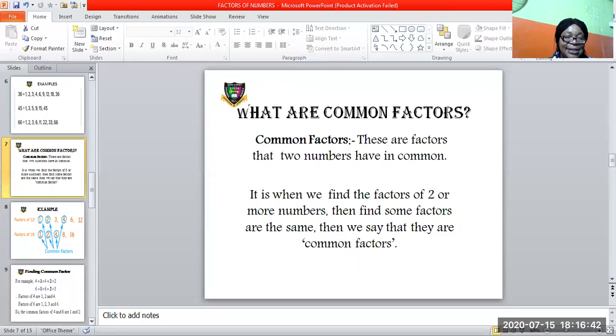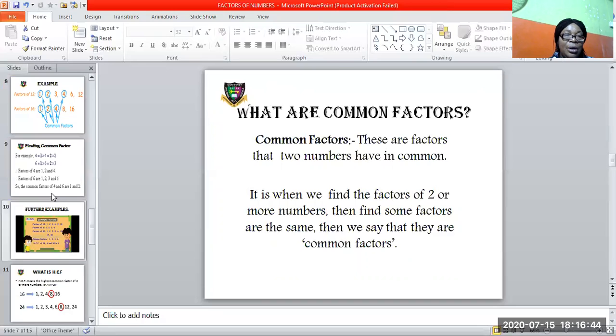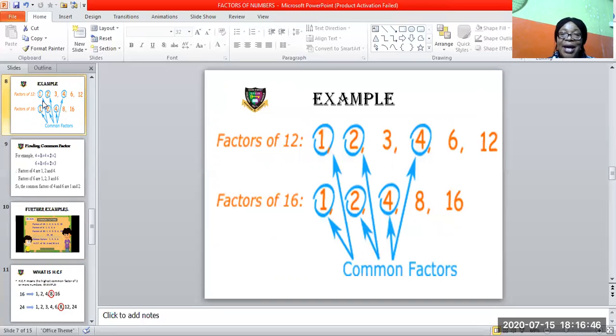Now let's look at an example of common factors. When we have numbers like 12 and 16, the factors of 12 are 1, 2, 3, 4, 6, and 12. And the factors of 16 are 1, 2, 4, 8, and 16.